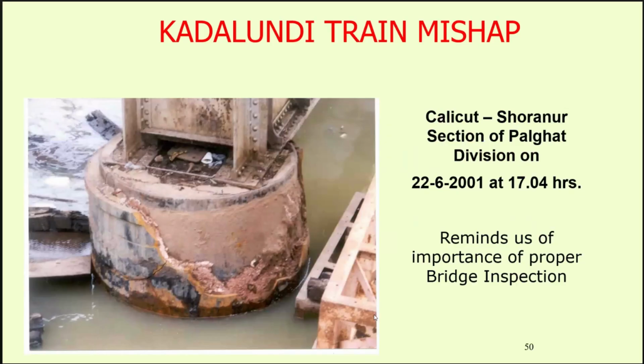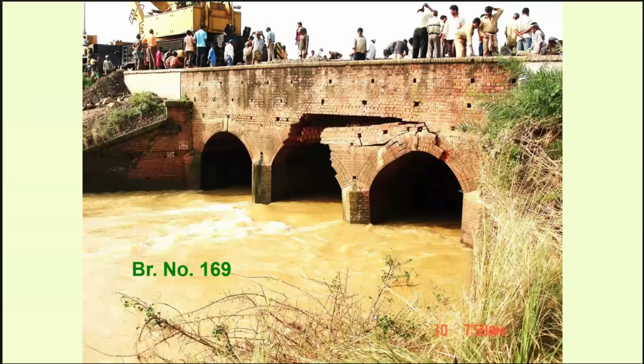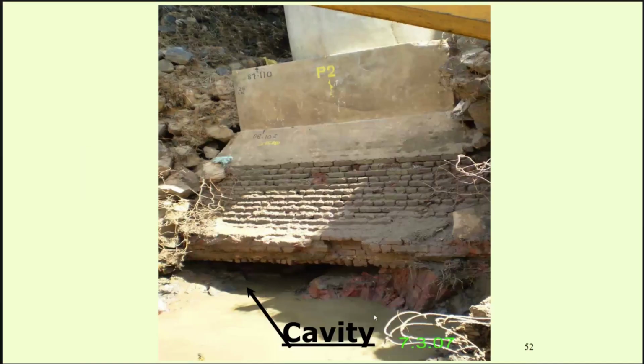This is failure of a brick masonry arch bridge because of the scouring below the foundation and the intermediate pier got damaged, along with its intermediate support gone. So eventually this will collapse. Scouring effect below the foundation.